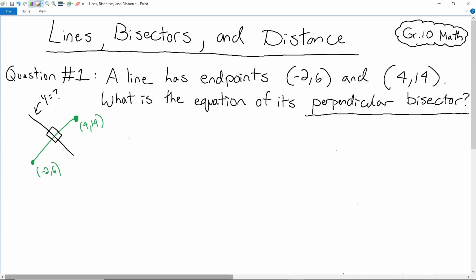However, we can use a little trick, and that is the slope of the bisector is going to equal the reciprocal slope of our original line, and that is always true.